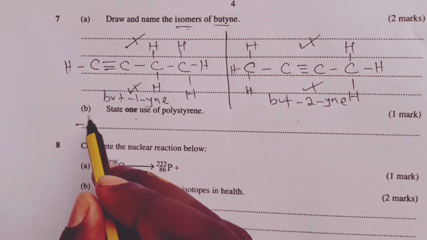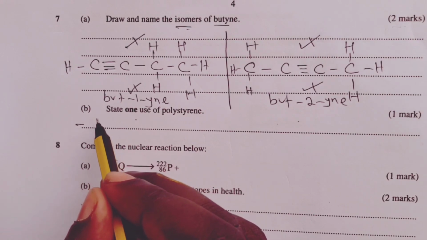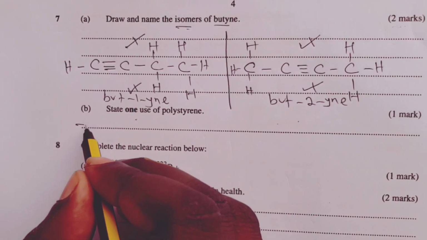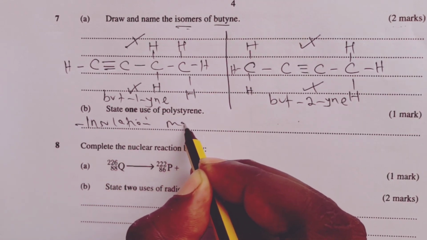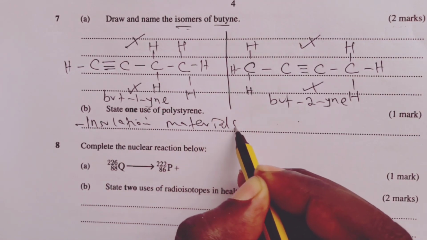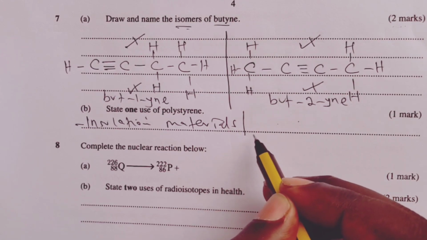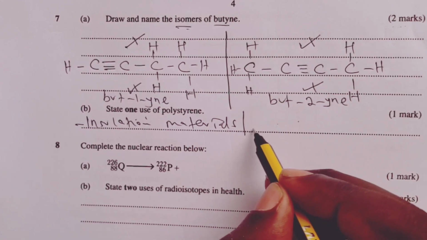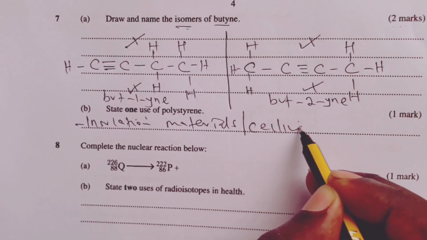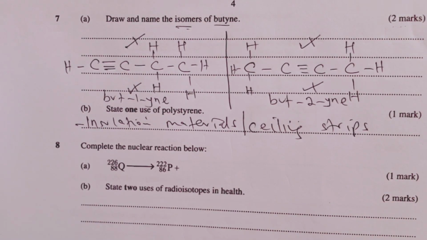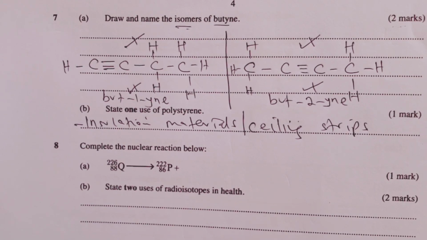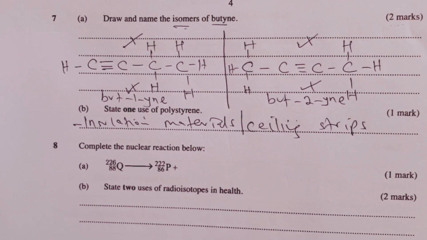So polyphenylethene is normally used to make insulation materials. And we also use polyphenylethene in making sealing strips. We are asked just one, so a candidate would choose between those 2.